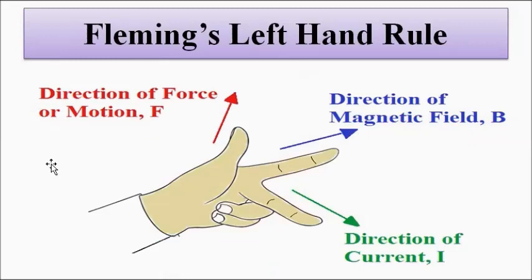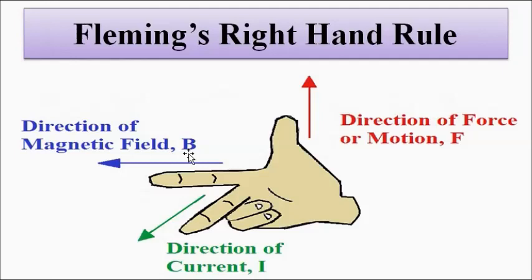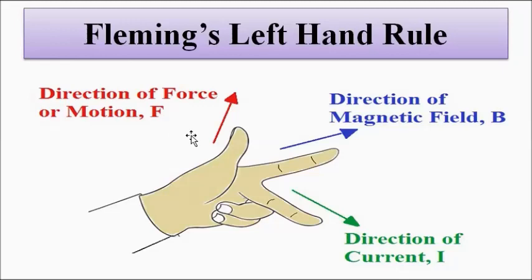So the left hand rule specifies that when a current carrying conductor is placed in a magnetic field, it causes it to rotate or move, and the right hand rule specifies that when a moving conductor is placed in a magnetic field, a current flows through it. So it is the opposite of the left hand rule. Basically it specifies the movement, the current flow and the direction of magnetic field density.